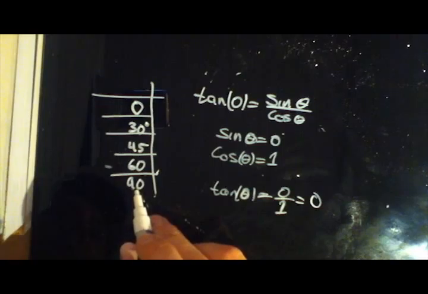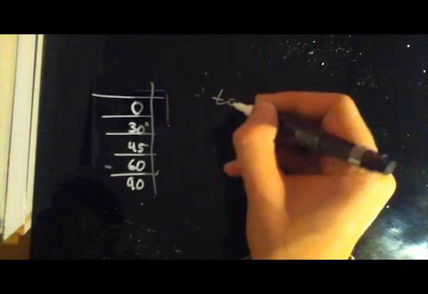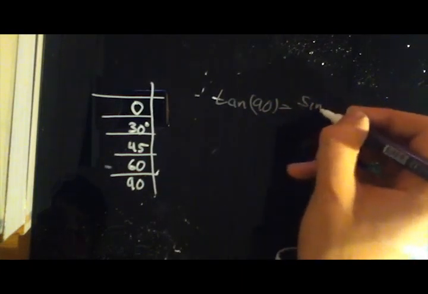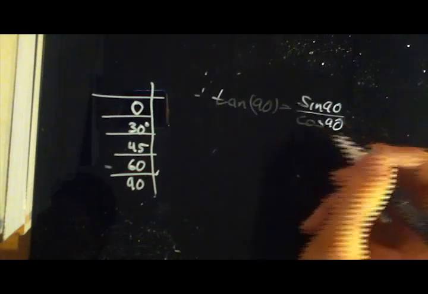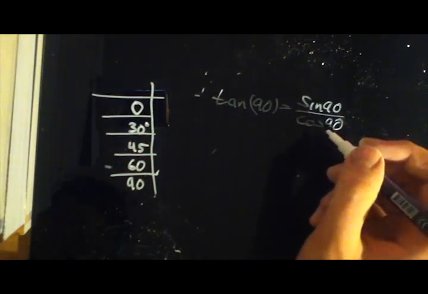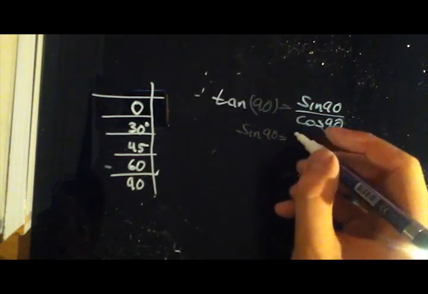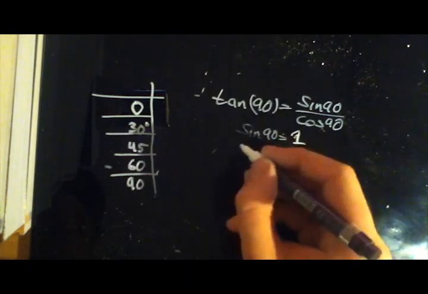However, when it comes to 90 degrees, tangent of 90 degrees, what is that? That's a really good question. Tangent of 90 degrees is the same thing as sine of 90 degrees divided by cosine of 90 degrees. Sine of 90 is 1.